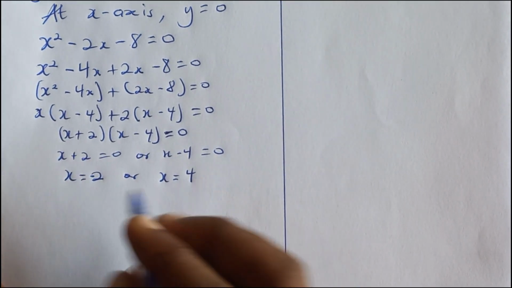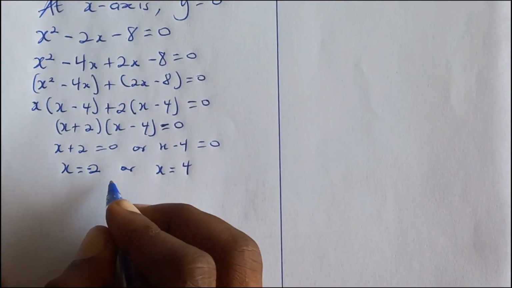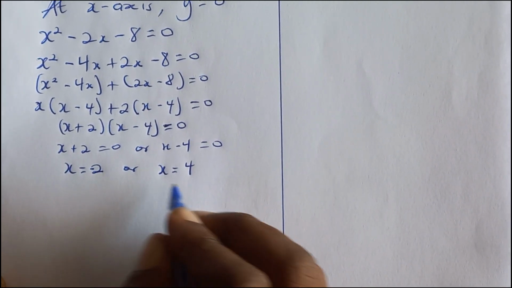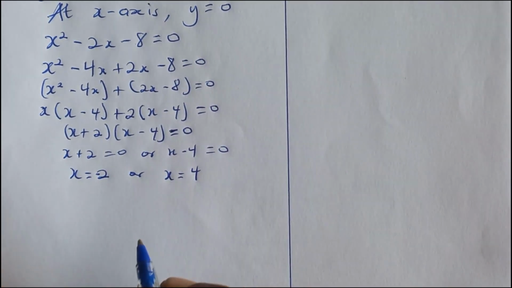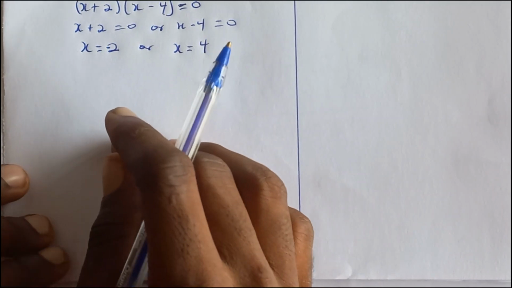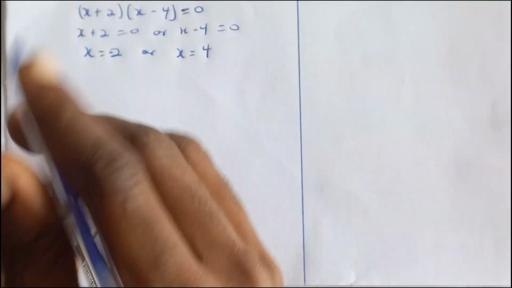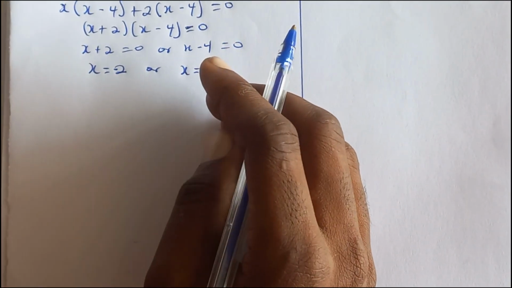Good. So this is where the curve cuts across the x-axis. We are going to use these two additional points to graph the curve.